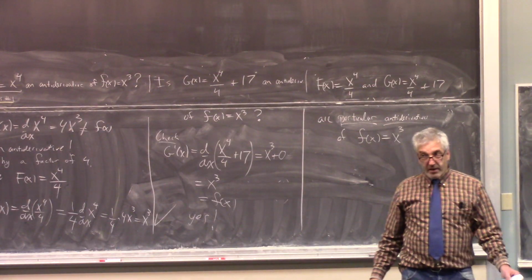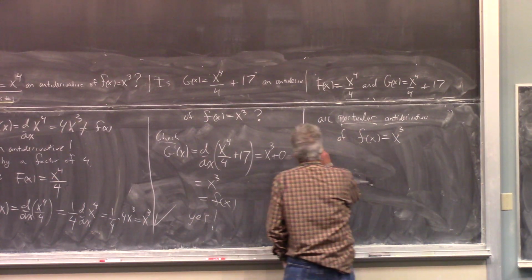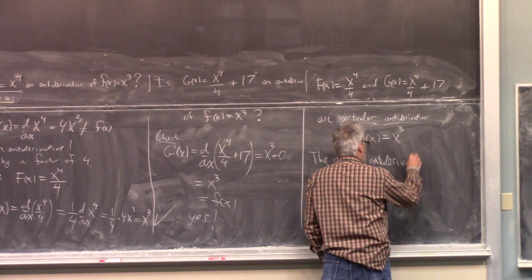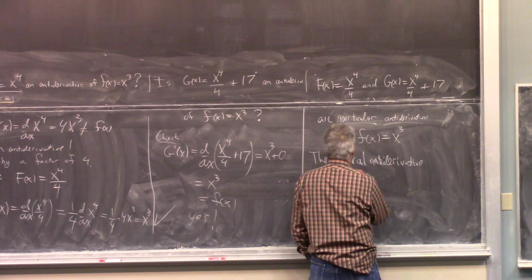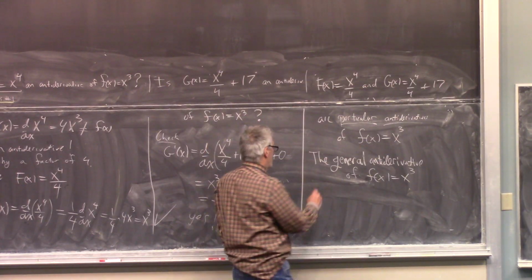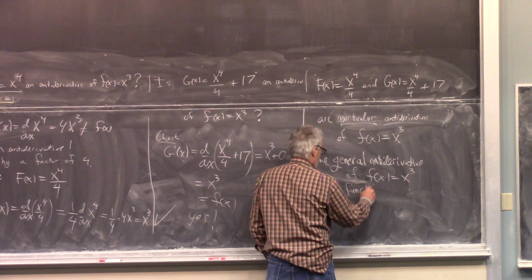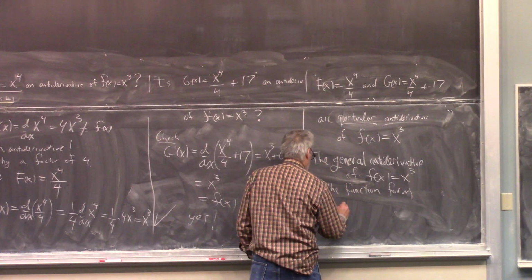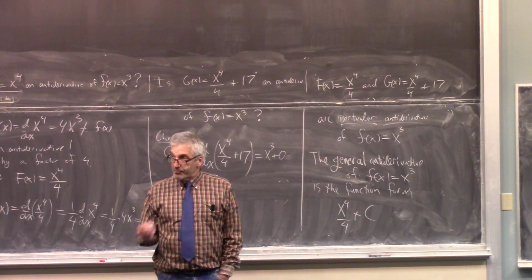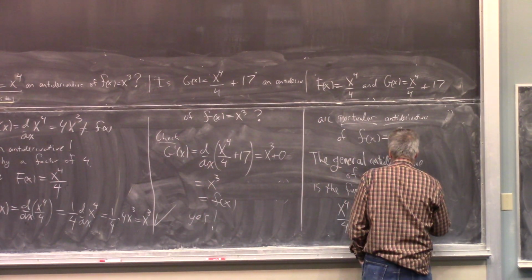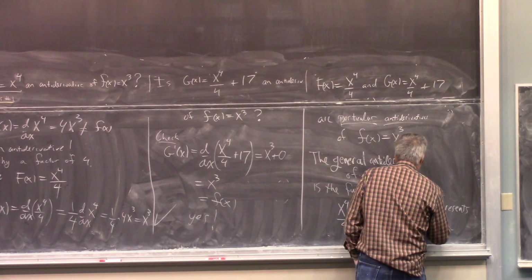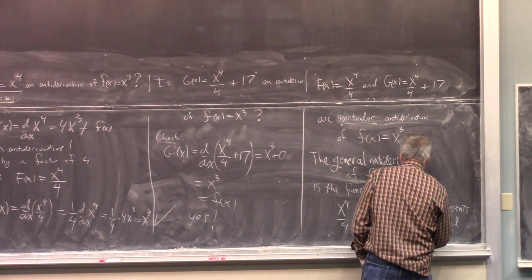Now, what's called the most general antiderivative, or the general antiderivative, of little f of x, that's x cubed, is what's called a function form: x to the fourth over 4 plus c, where c is a letter that can represent any real number constant. So it represents an unknown real number constant.